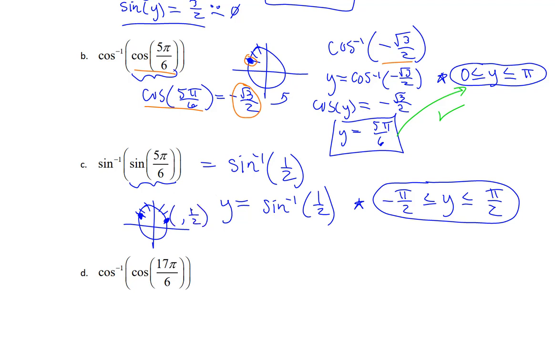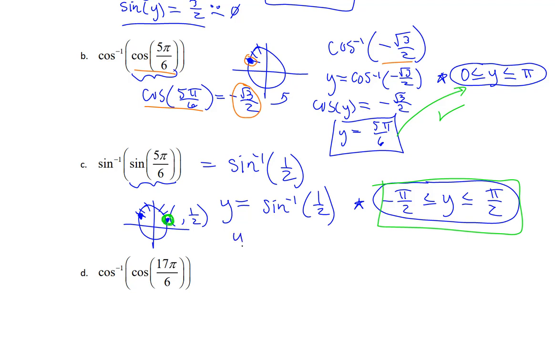And that's relevant to what we're working with in this problem. So the question is, does it matter which one we use, or should we use both of them? The answer is it does matter, and it's based on this restriction. Remember, we have to let y be between negative pi over 2 and positive pi over 2, and only one of our options is. That is the quadrant 1 option, which would be pi over 6.